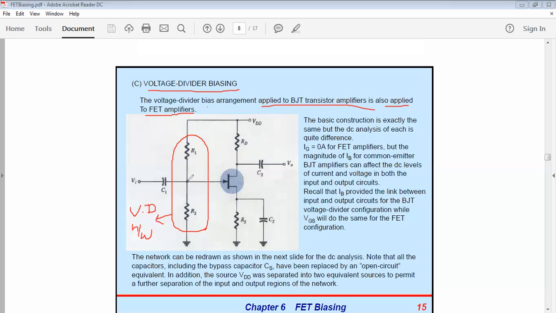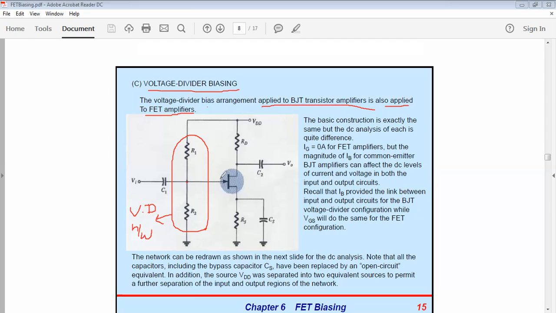At base terminal or gate terminal, the voltage is divided by R1, R2. That's why it is voltage divider biasing. Okay, this is the structure of the voltage divider biasing circuit, right? The basic construction is exactly the same, but the DC analysis of each is quite different.